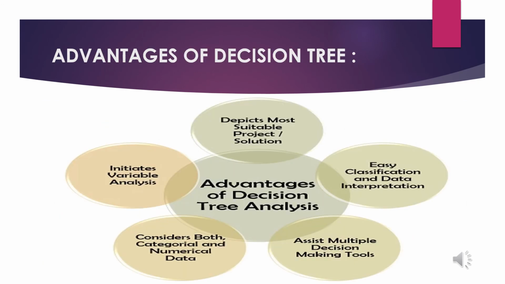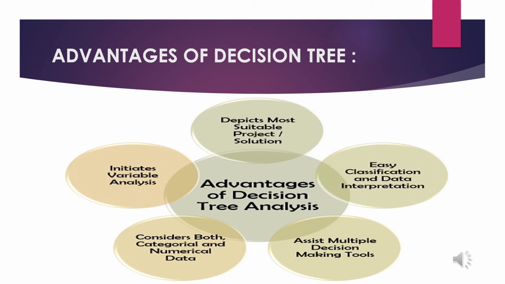As we have talked in depth about the examples of decision tree and what we mean by the entire decision making process and how it helps the organization pick the right kind of alternative, let's come back to the discussion of the advantages of the decision tree.